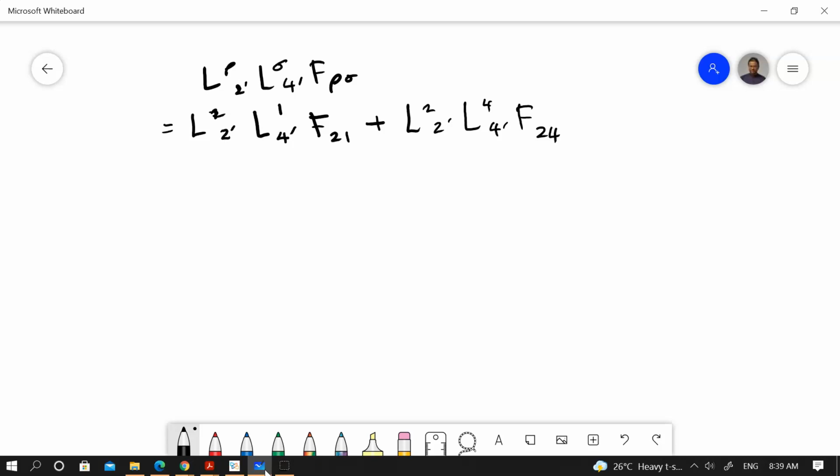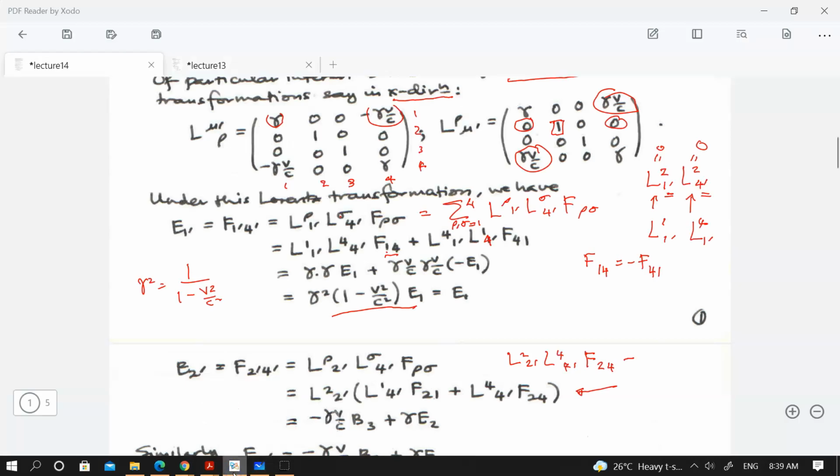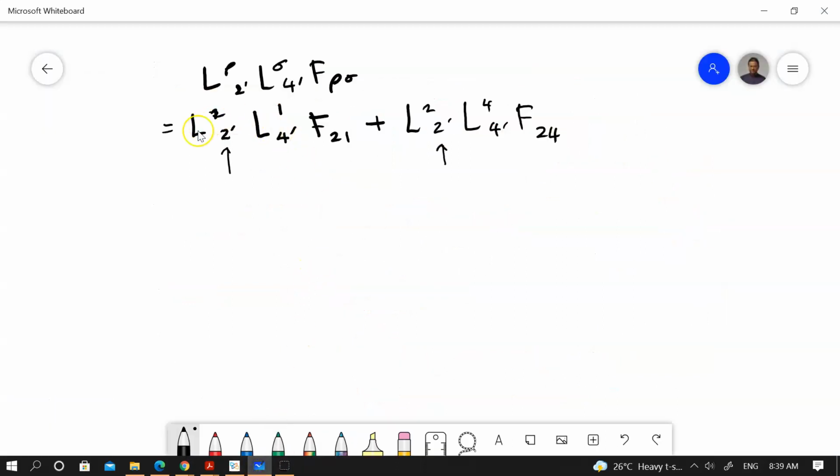Now you might ask, what about the other possibilities? Recall that this is from the case of 2 dash over here. So the 2 dash tells you the second row, so the second column. So the second column, the only non-zero case is the case when you have the second row. Okay, so that sort of fixes our possible choices over here.